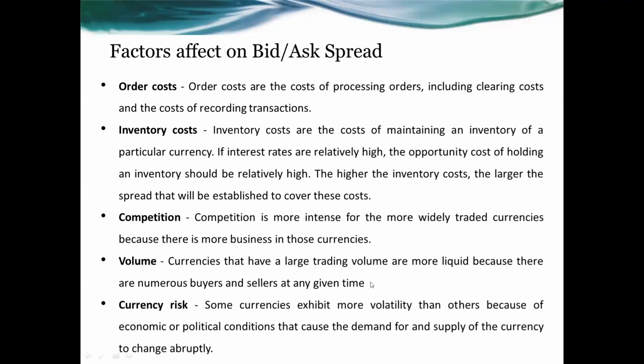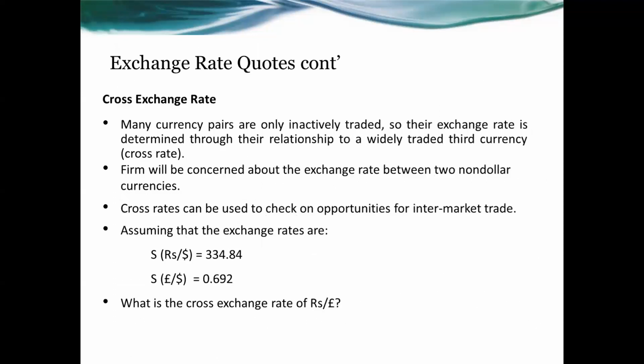In that case also, it influences the demand and supply of that particular currency, and based on the demand and supply change, the bid and ask spread becomes larger. So that's what we needed to discuss in the first part of session number 2. Next, we will discuss the cross exchange rate, which is another way of expressing the foreign exchange rate.